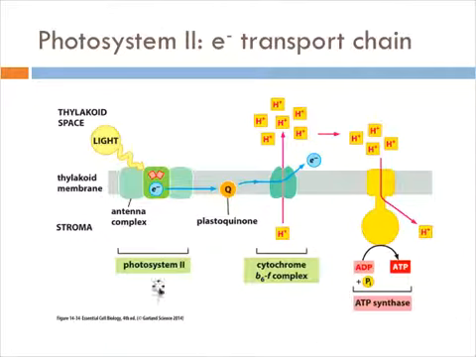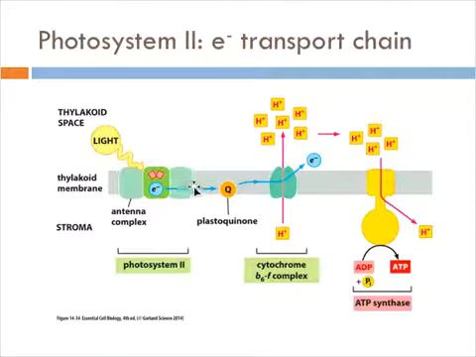So if we look at photosystem 2, we've got our antenna complex, and then we've got our reaction center. And we know that the chlorophyll is going to harvest this light. It's going to bounce around, and eventually it's going to hit that special pair in the reaction center. At that point, that high energy electron is going to get transferred to our electron carrier, which in this case is called plastoquinone. It's very similar to ubiquinone.